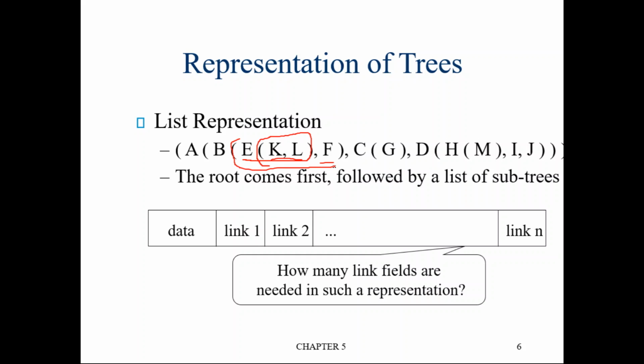G is the child of C. M is the child of H. H, I, and J are children of D. Then B, C, and D are the children of A. So this is a very basic way of representing using a list.